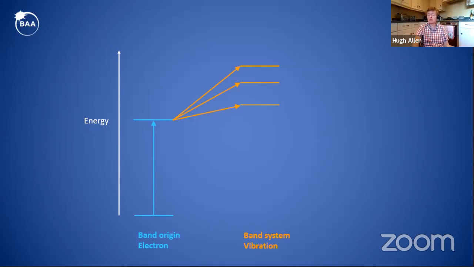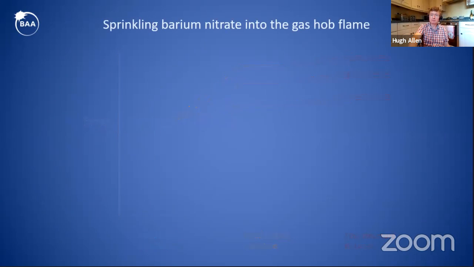You could imagine those are 3 of the Swan bands. And then those individual bands split into much finer lines due to rotation, which requires even less energy to trigger. So each band is this broad emission or absorption feature due to the fine structure of rotation. So that's basically how a molecule produces these multiple bands in a spectrum.